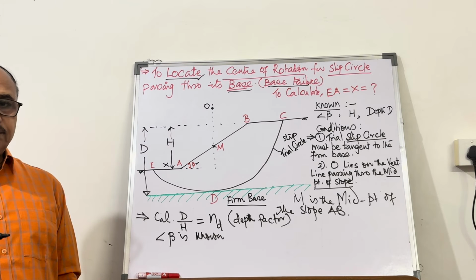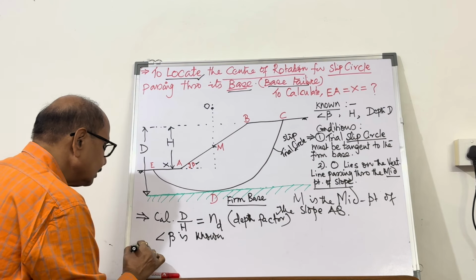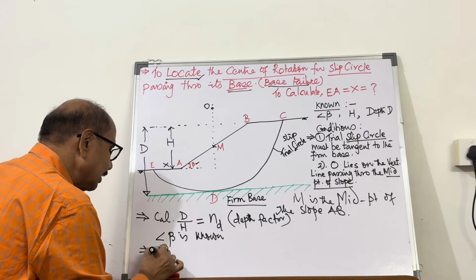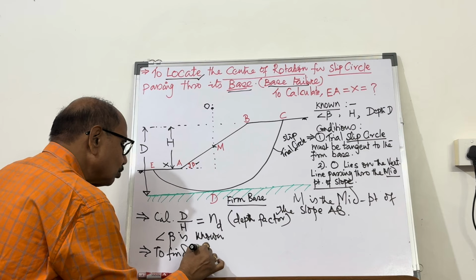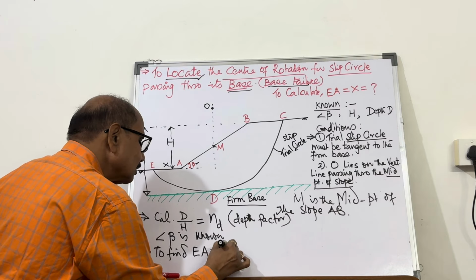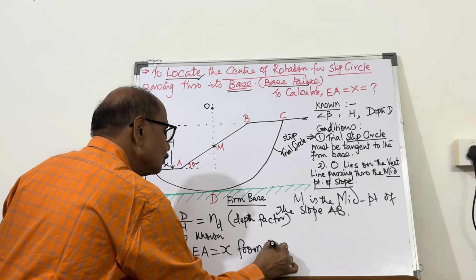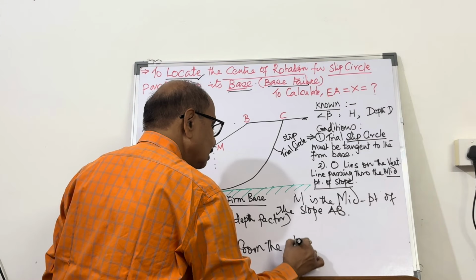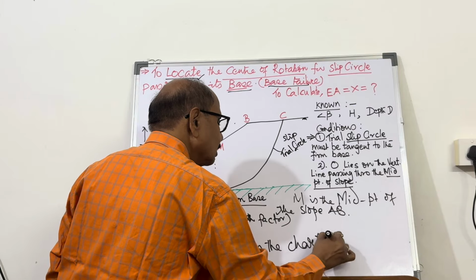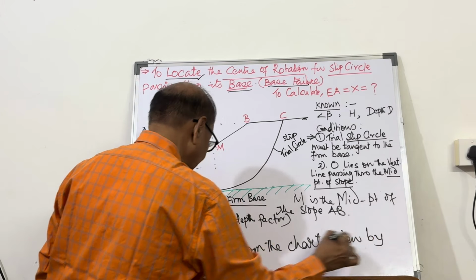So the next part is to find EA equal to x from the chart given by Fellenius.